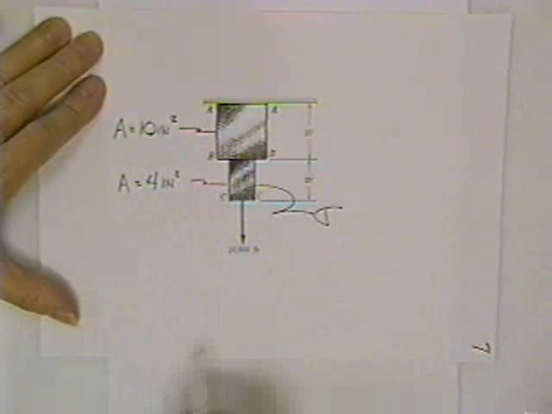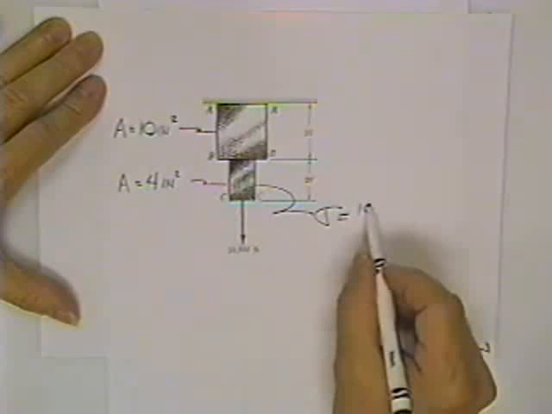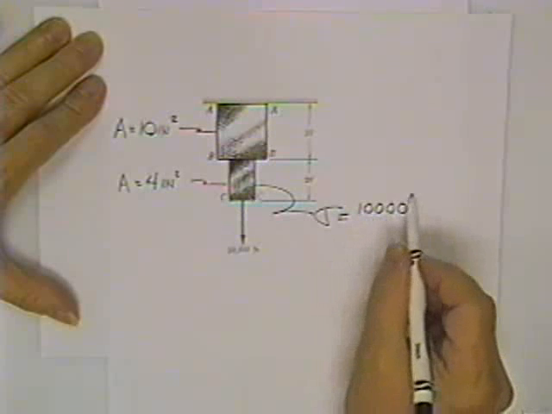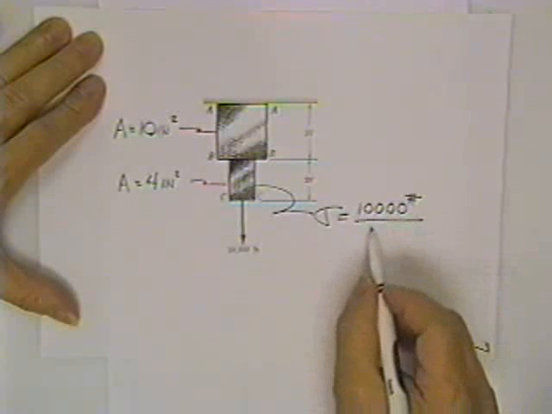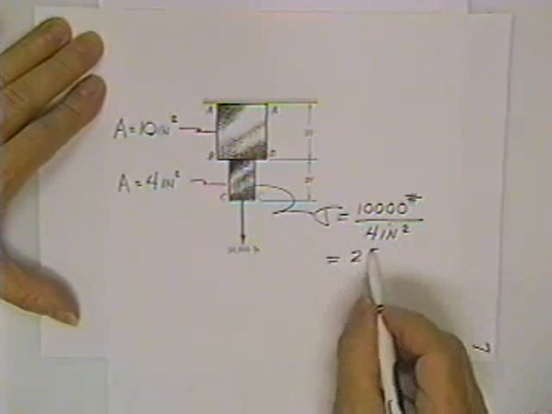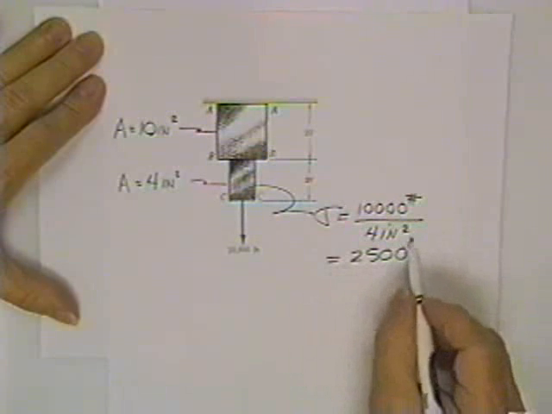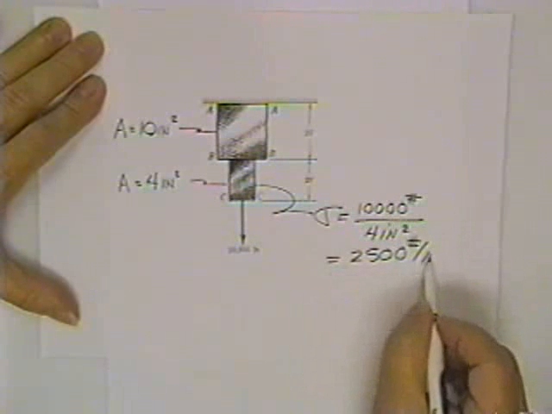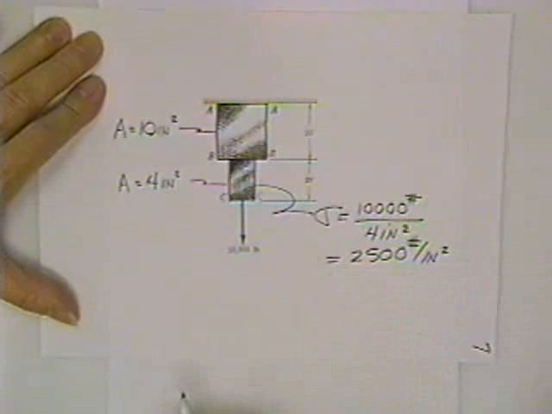So the stress in that region would be, take the load, you divide by the area, and that would be 2,500, and the units for this would be pounds per square inch.